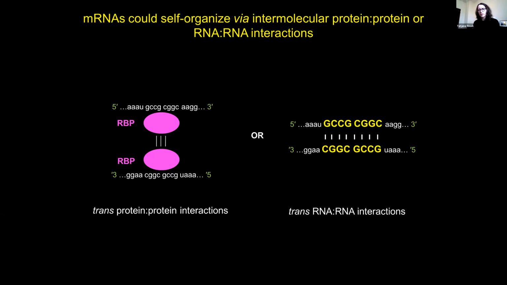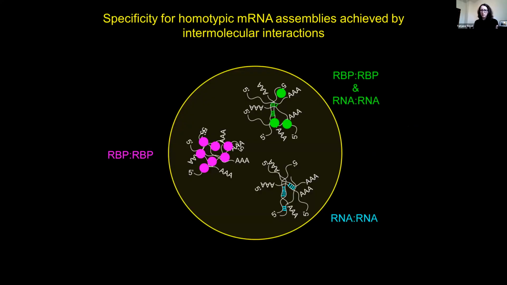And we wanted to test this. In this model, homotypic clusters can then arise either through specific protein-protein interactions, specific RNA-RNA interactions, or some combination of the two.